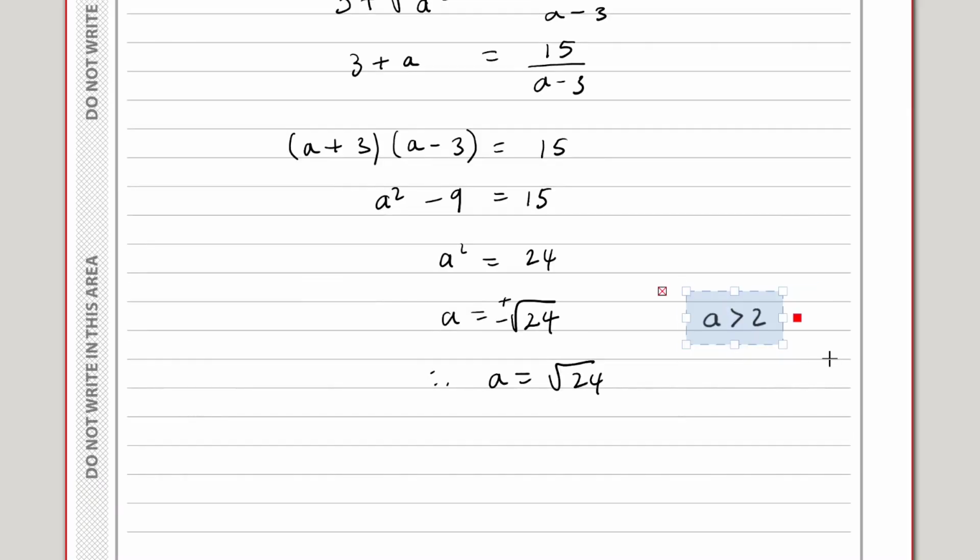So reject negative square root 24. a is square root 24, and we can simplify that. It's root 6 times root 4, so it's 2 root 6s.